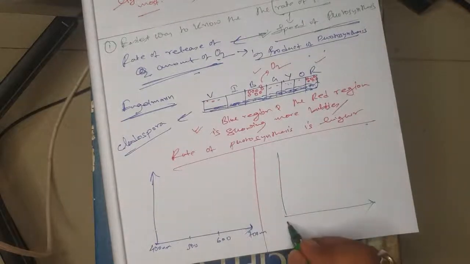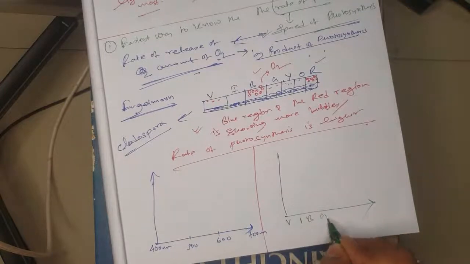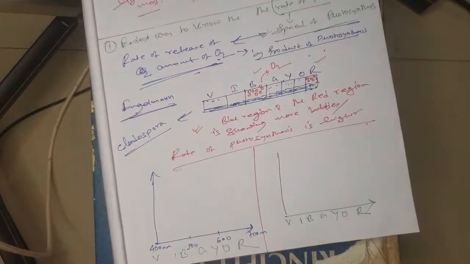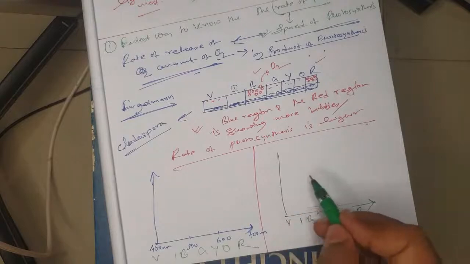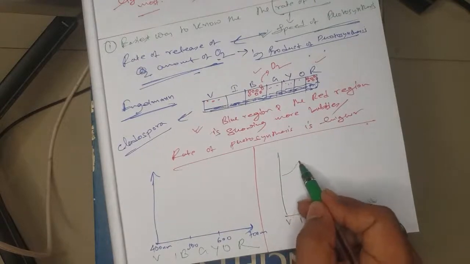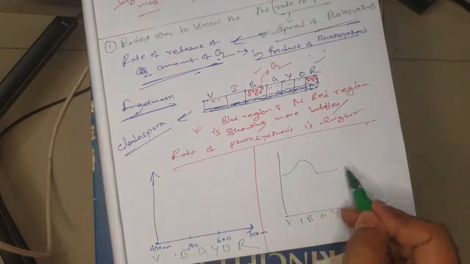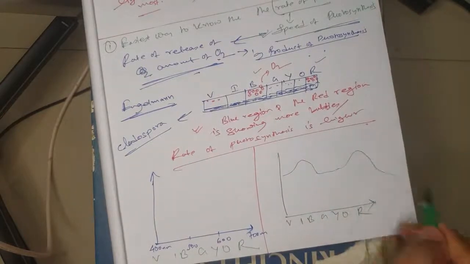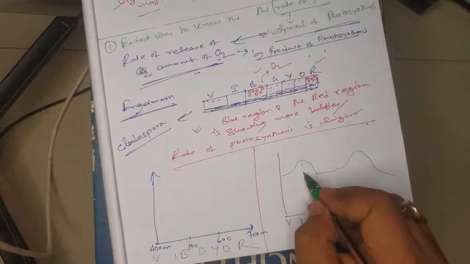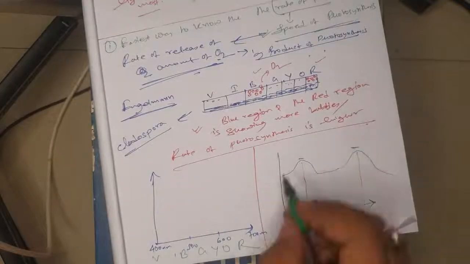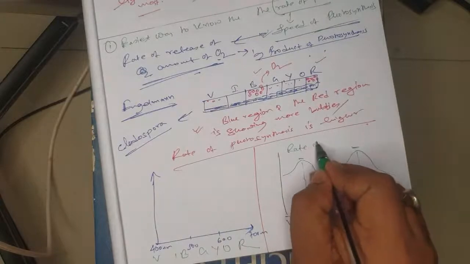If I plot VIBGYOR, the rate of photosynthesis increases a little at the blue part, then is less, and increases at the red part. So at the blue part and the red part there is more release of O2, so the rate of photosynthesis is high.